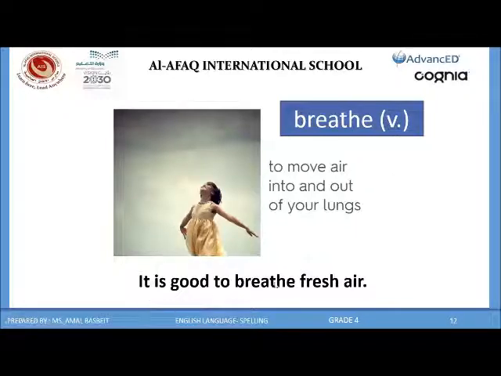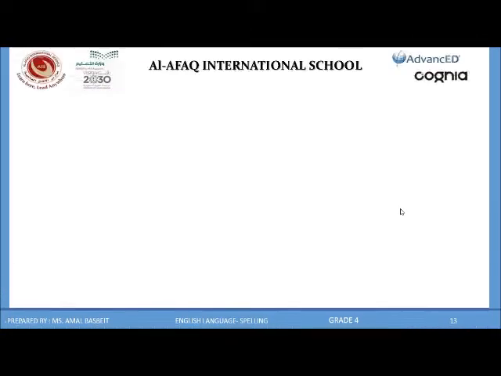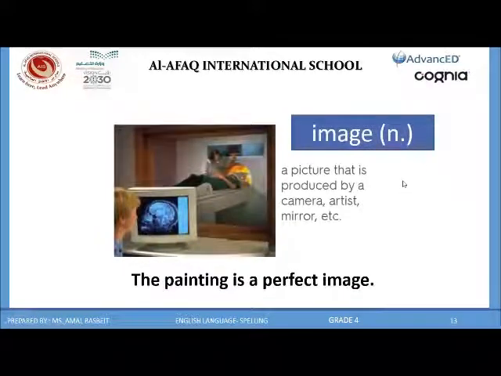It is good to breathe fresh air. Next, image. Image means a picture that is produced by a camera, artist, mirror, etc. The sentence: the painting is a perfect image.